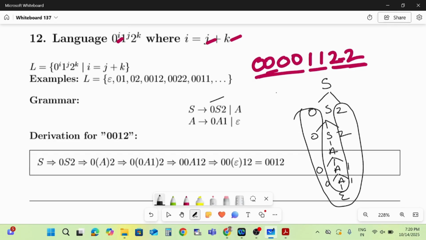You can see 0, 0, 0, 0, 4 zeros followed by 2 ones and then 2 twos. So this is how you should be able to generate a grammar for this.